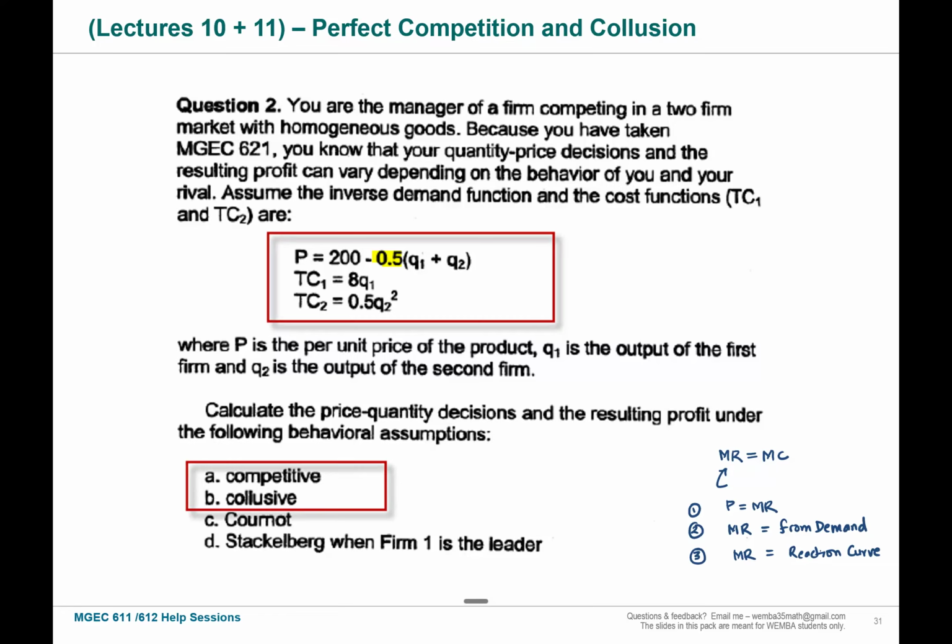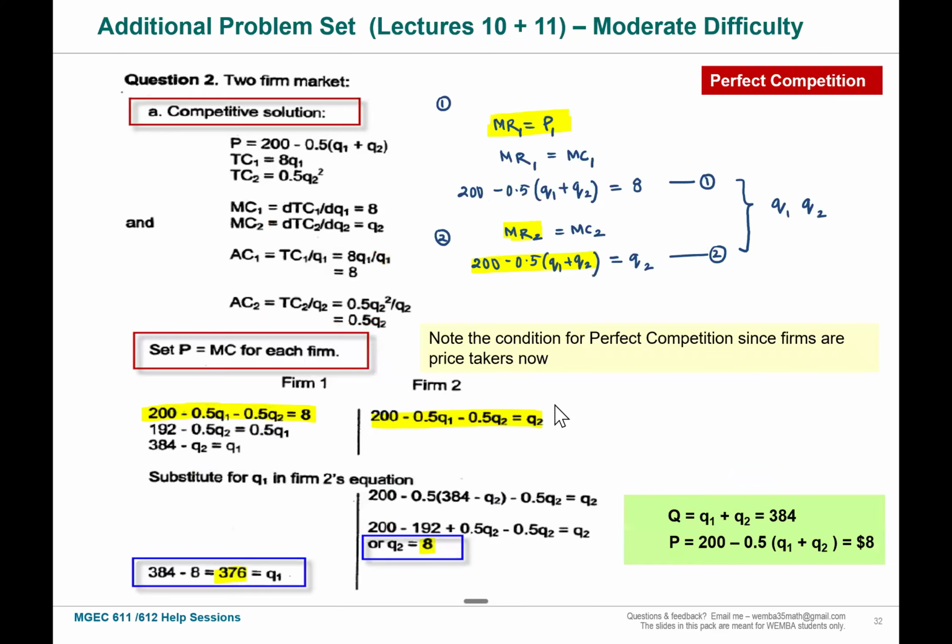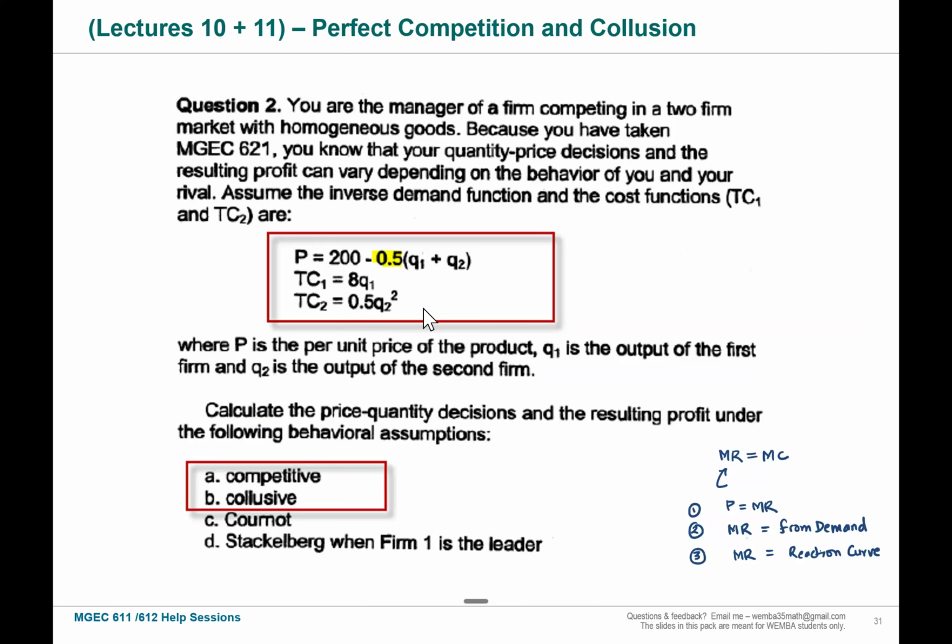Now that you have gone through all of this, you can do it pretty quickly. The solution is included, but maybe after tonight's session, just try this problem. It's the easiest one, but it will help you remember the mechanics behind different market structures.